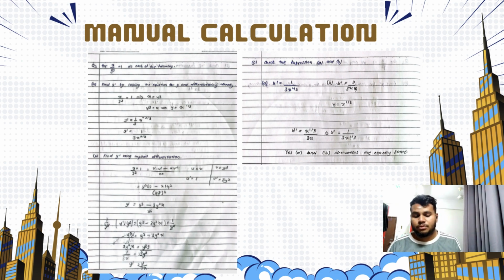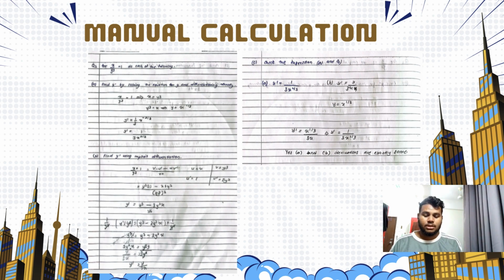After we convert, the equation will be y cubed equals x. Then we convert the y cubed to the right-hand side, and it becomes y equals x to the power of 1 over 3. We then differentiate y. So the answer should be y prime equals 1 over 3x to the power of 2 over 3. And we go to question B, where we find y prime using implicit differentiation. So we need to differentiate x and y at the same time.